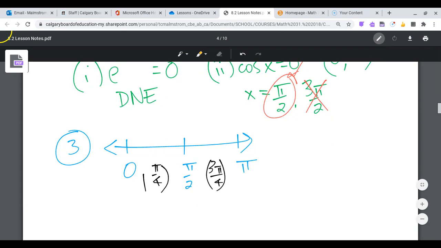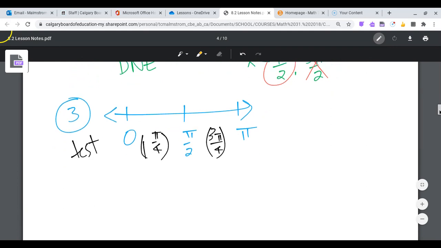And remember that those test points will tell you something about the derivative, right? It will tell you something about the function. So when I put in pi on 4, e to the power of sine pi on 4 is going to be a positive number, times cos pi on 4, to do both parts.